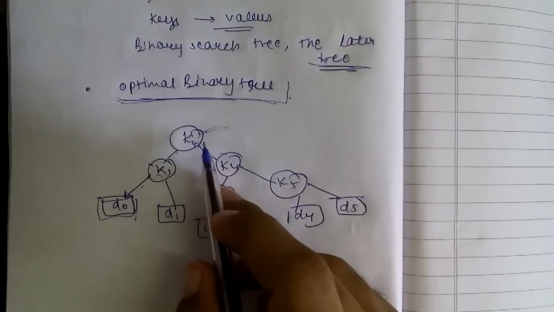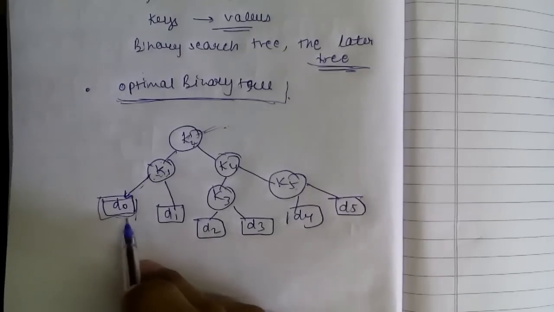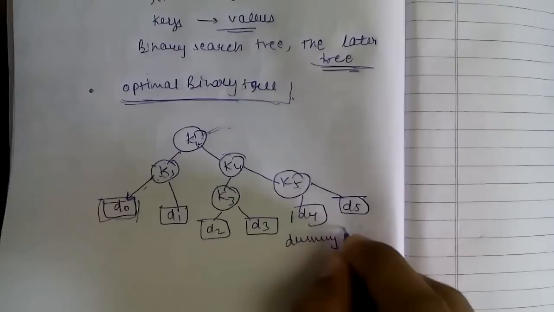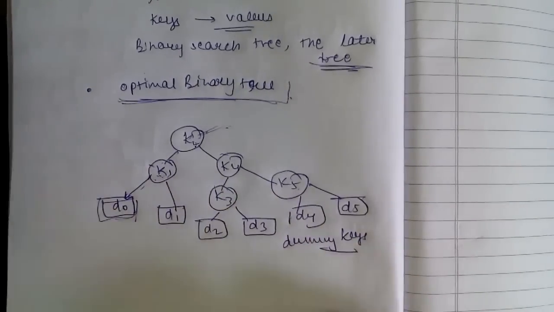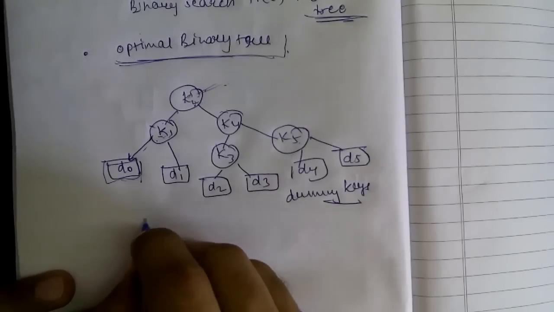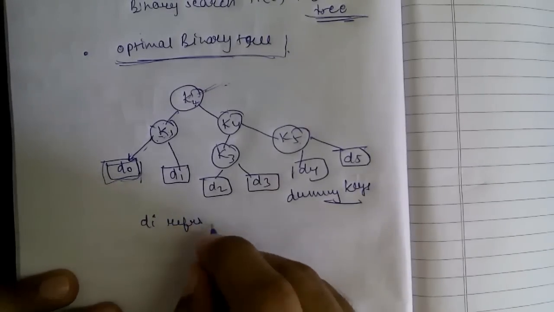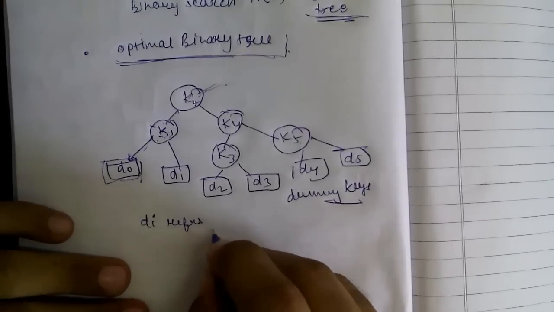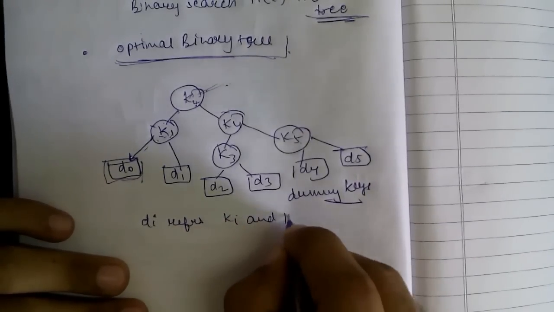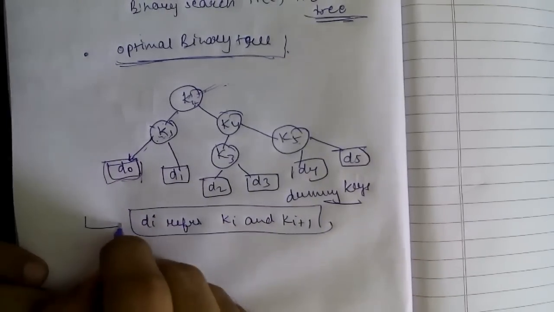If it is successful, it will end up at one of the keys, and if unsuccessful, at one of these D0, D1, we call them dummy keys. Di refers to all the values between Ki and Ki plus 1. Note this.